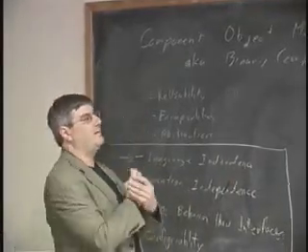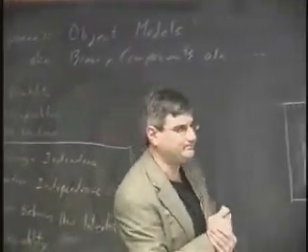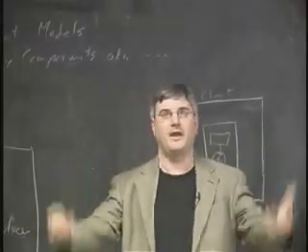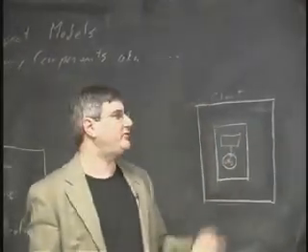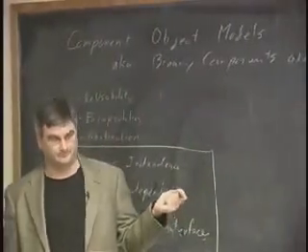And the cool thing about this component technology is that all these parameters and all these objects are self-describing. Okay? This technology makes heavy use of the notion of introspection.